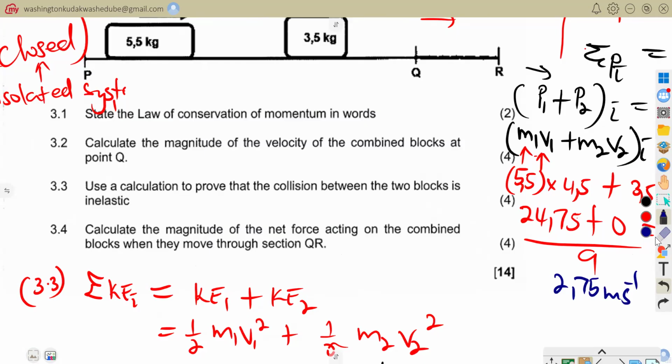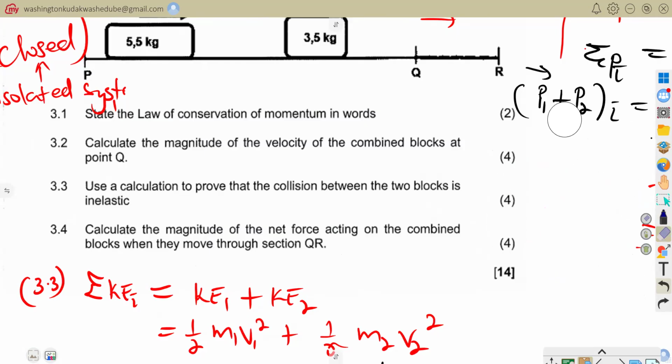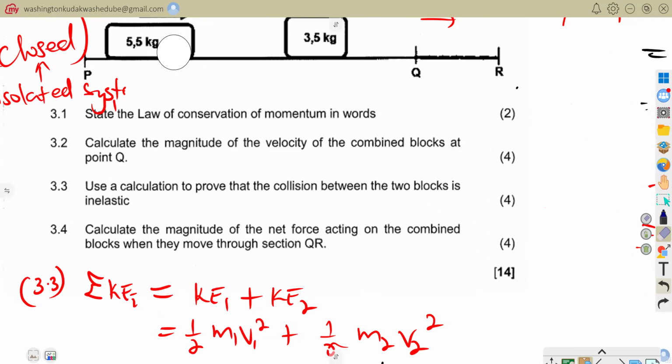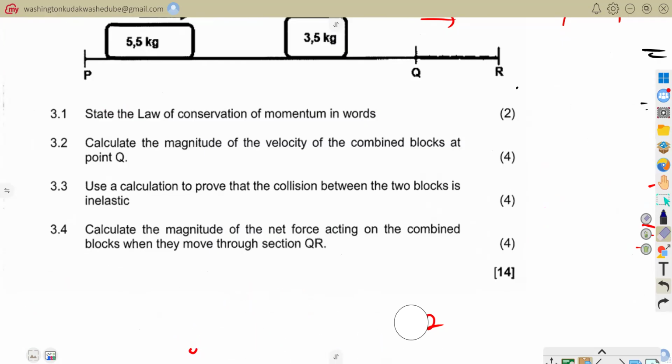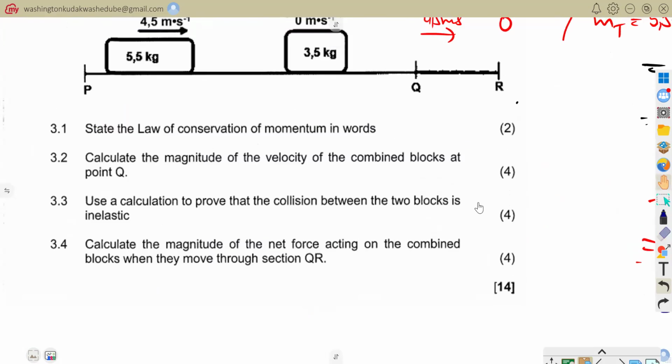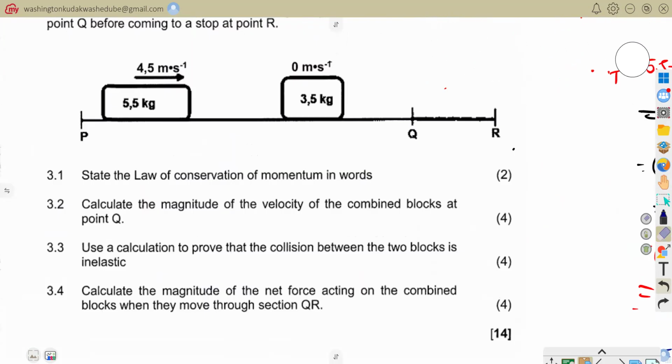So I'll clear my board here so that I can explain some concepts. We have done this to say that net force can actually be given in terms of rate of change of momentum.